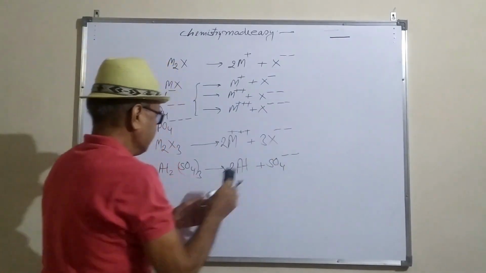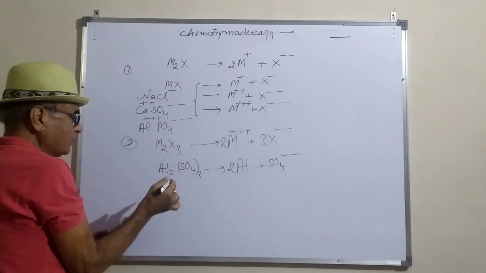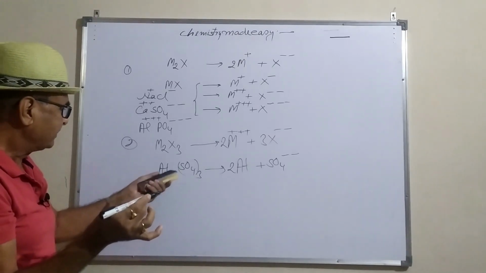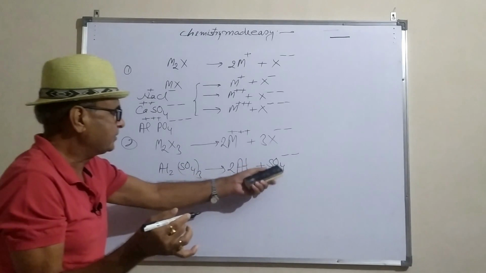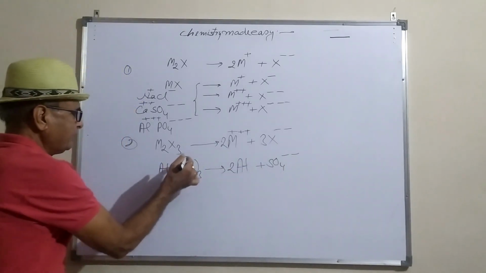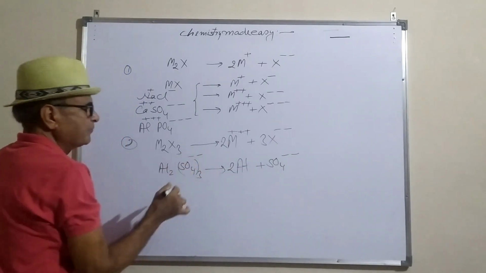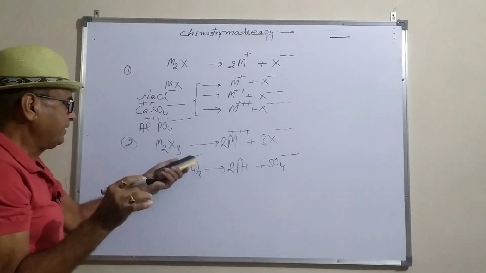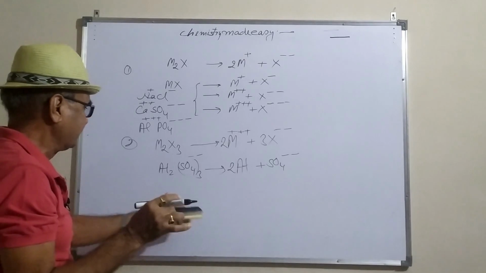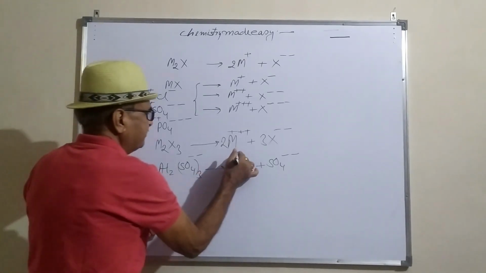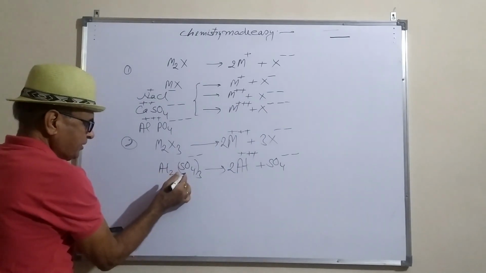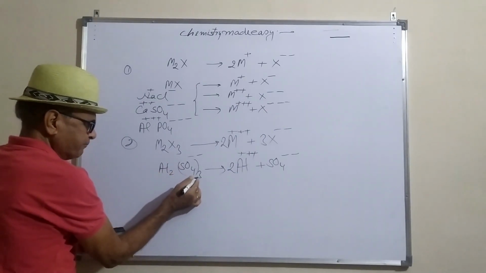How can you know that the SO4 is double negative? It is a sulfate. You know very well that sulfate is double negative, and Al is triple positive, because sulfate is multiplied by 3.